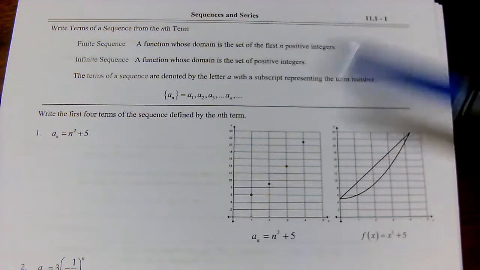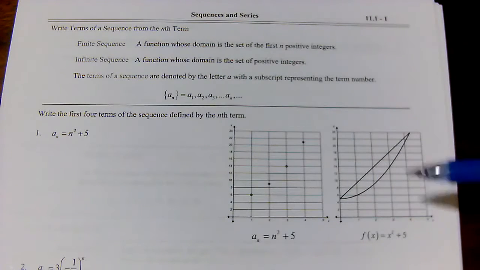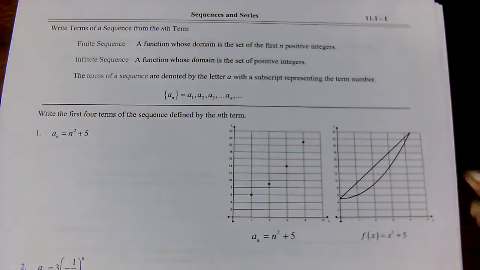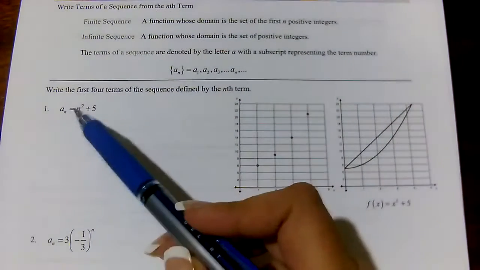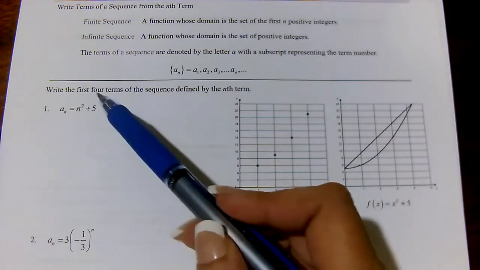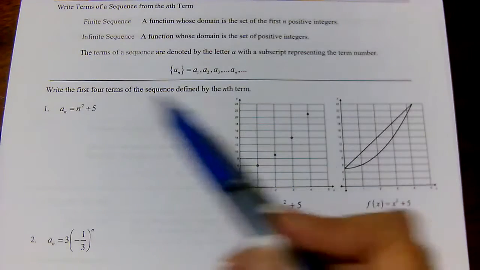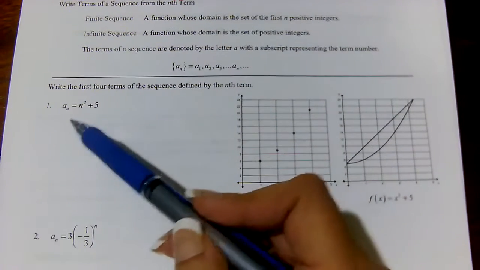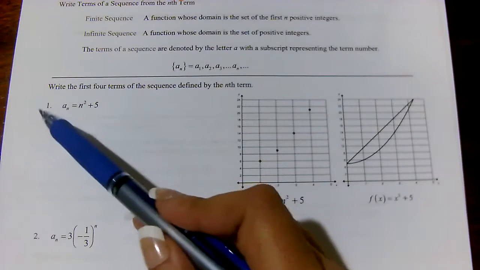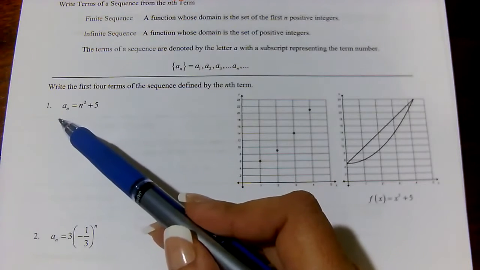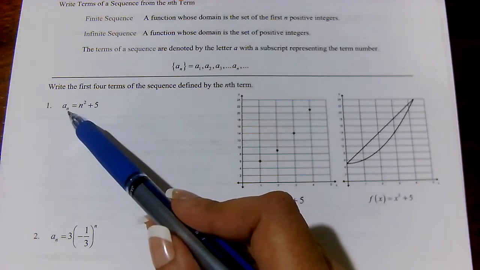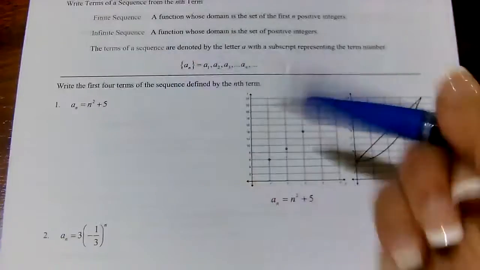Okay, we did a little bit of this in college algebra, and we're going to just go ahead and continue with it. Here we have: write the first 4 terms of the sequence defined by the nth term. If you remember in college algebra, if n is equal to 1, all we're going to do is substitute the n for 1 in both of these locations.